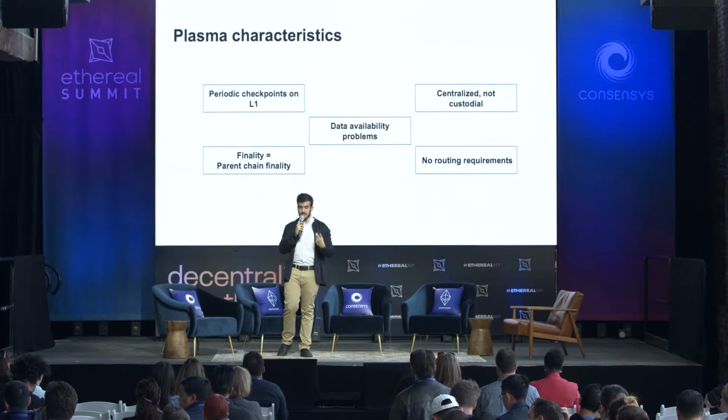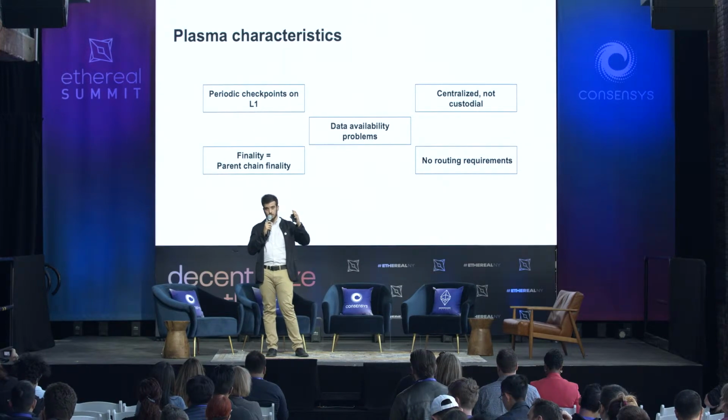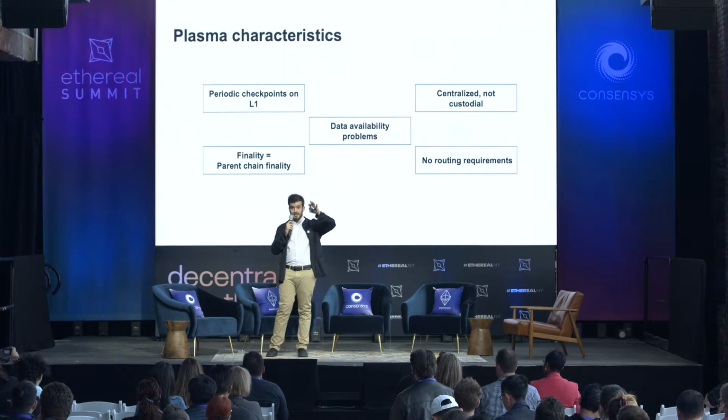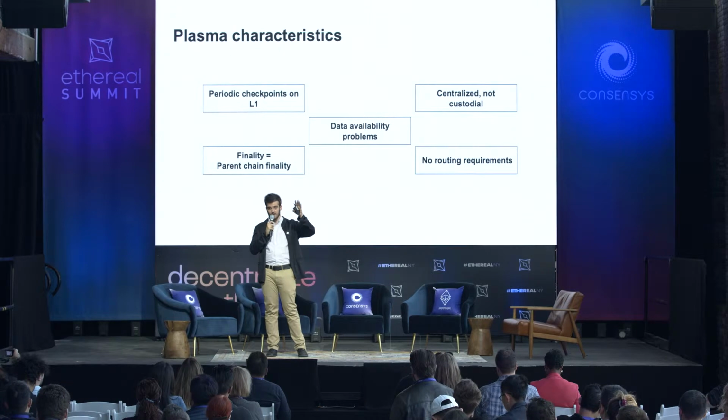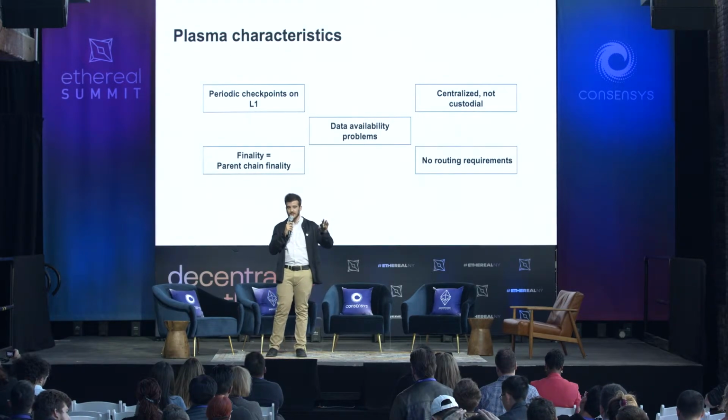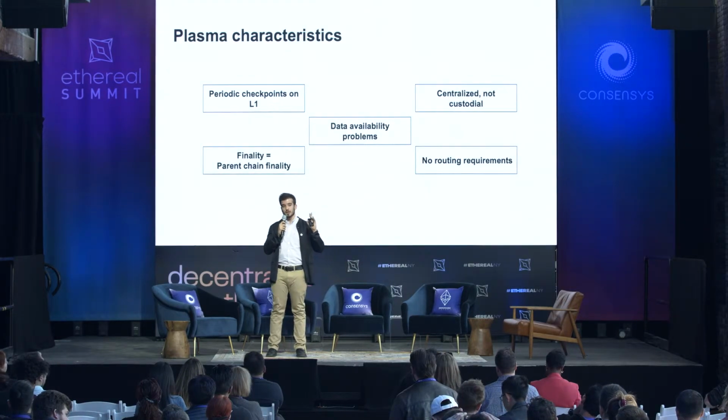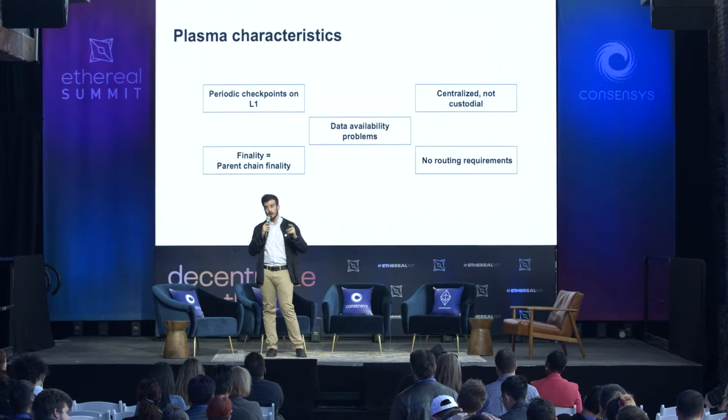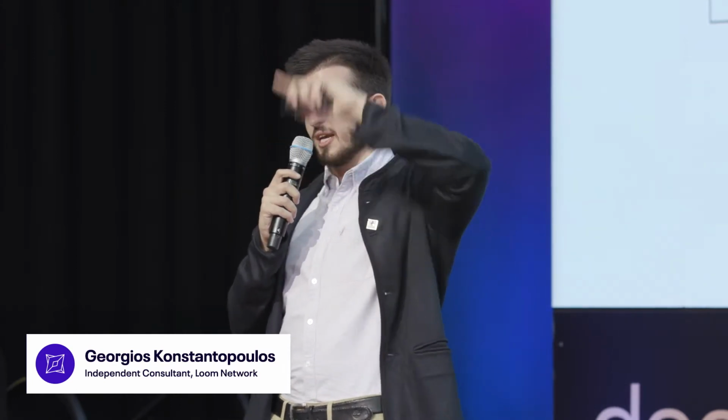So the characteristics of the Plasma chain is that it is centralized, which people say is a taboo word, but it's okay in this case, as long as it is non-custodial. Non-custodial meaning that there is no way for somebody to steal your funds. The finality of the Plasma chain is equal to the parent chain finality.